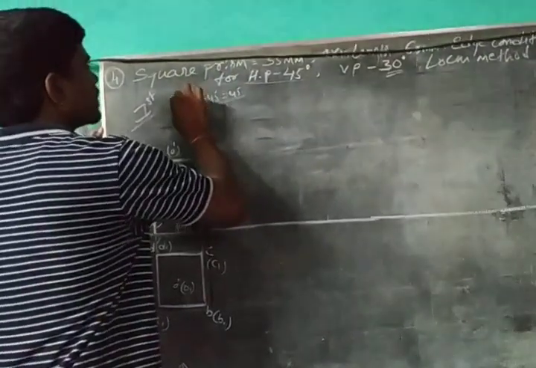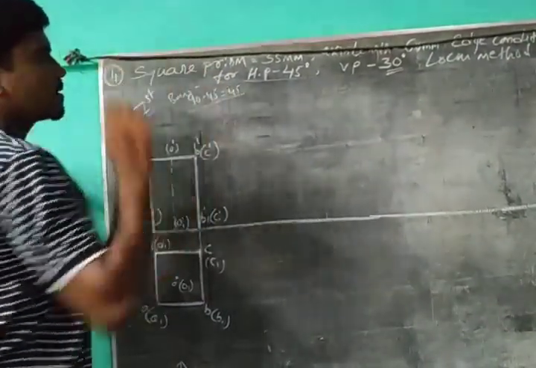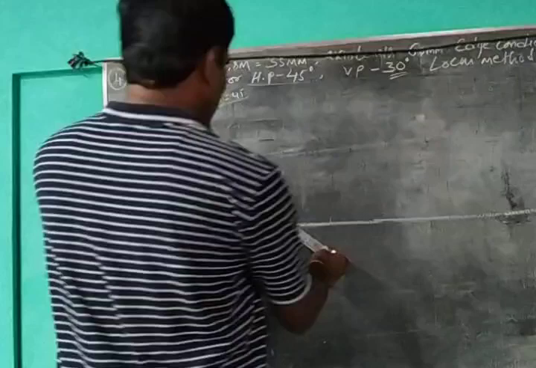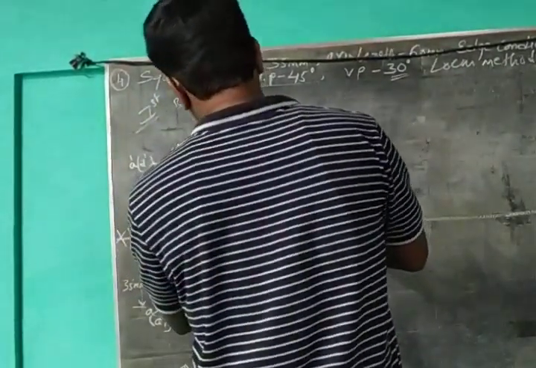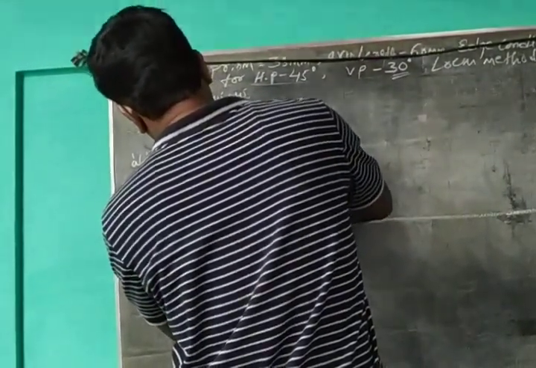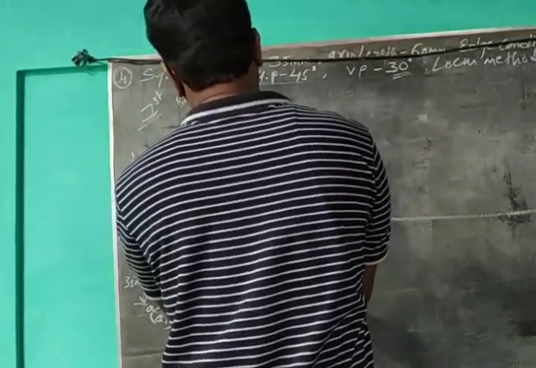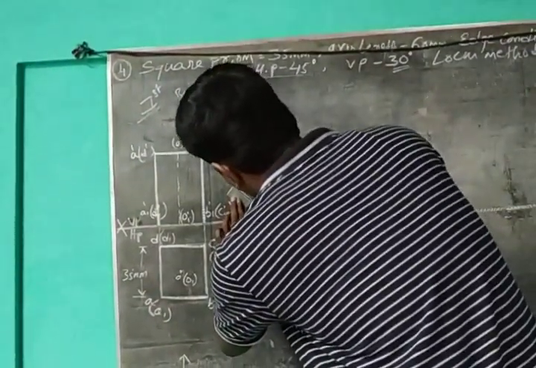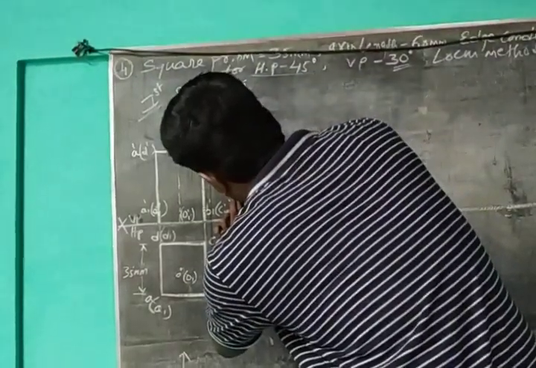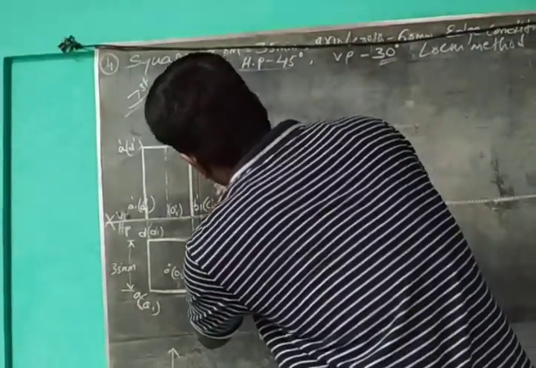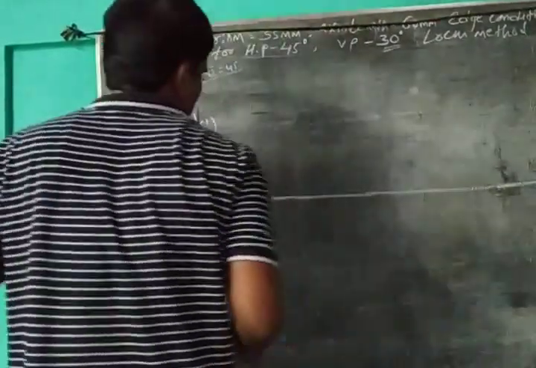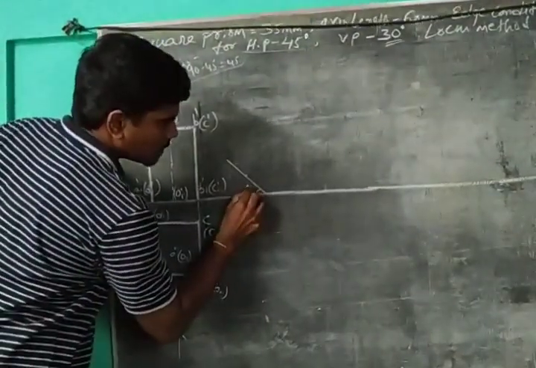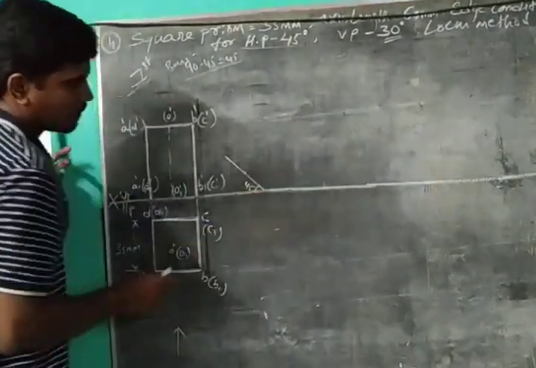So the base inclination is 45. So take 45 degrees here. So this is the base at 45.